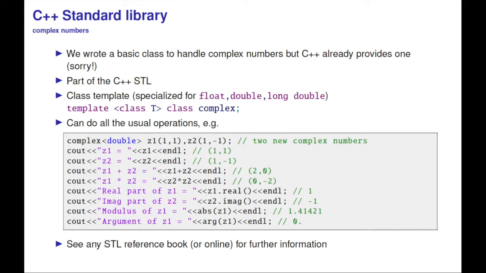Okay, so it is a template which takes a class as an argument, which is typically specialized for float, double and long double. So you get a template class T, class complex, so you can do all the stuff we've already done before: add and multiply them, take real parts, imaginary parts, arguments, and a modulus, and essentially that all exists. And there are many books that will discuss further information on these things.